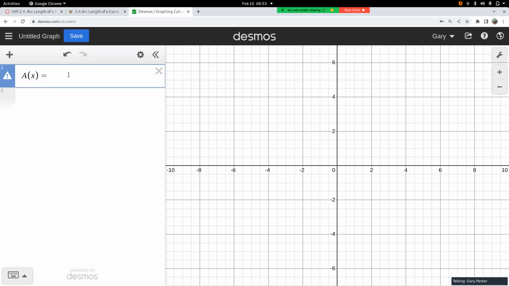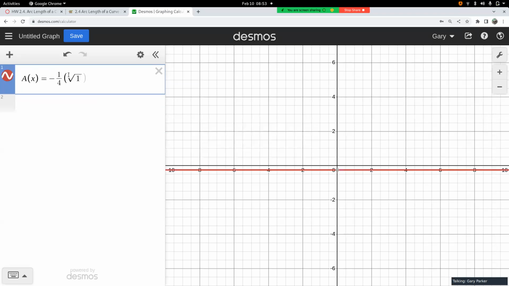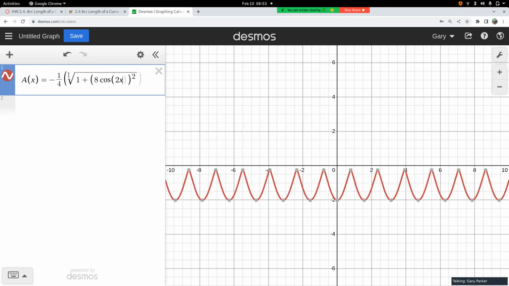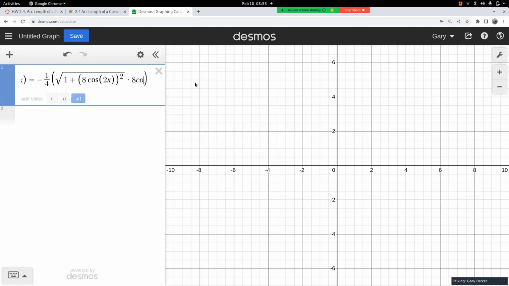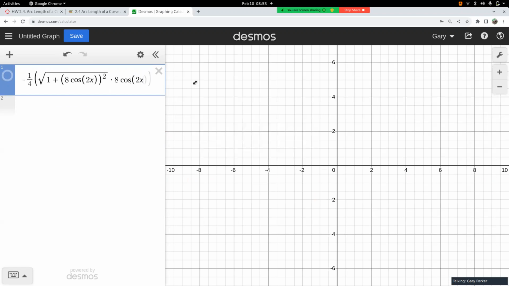And mine is going to be -1/4 times, and then inside there, I have my square root of 1 plus parentheses squared. In the parentheses goes 8 cosine of 2x. Close that. I don't need to see it. All right. And then outside of the square root, we're going to have a times 8 cosine of 2x.